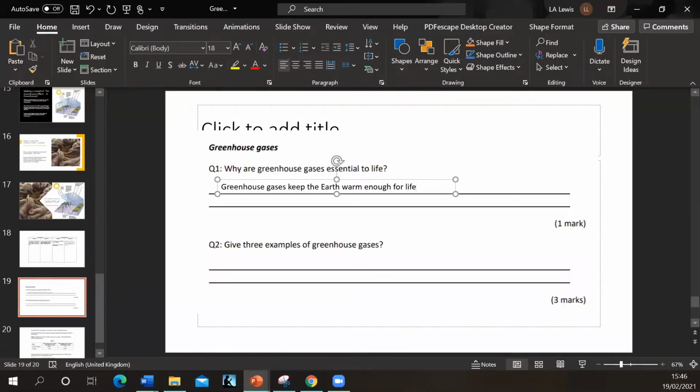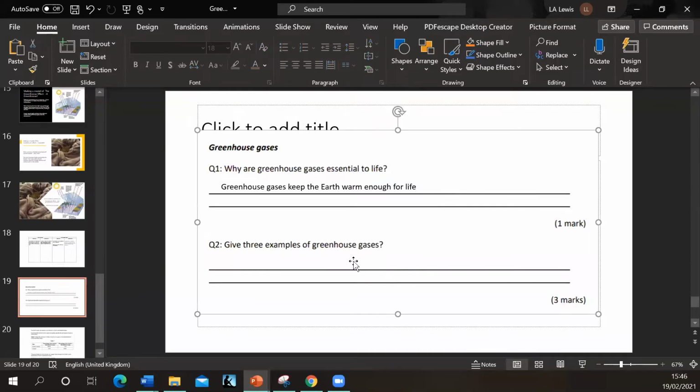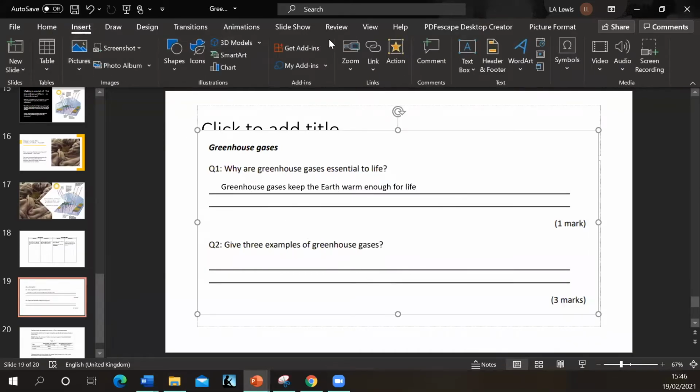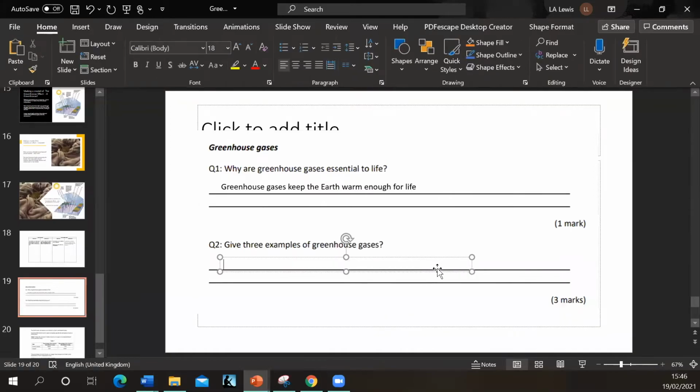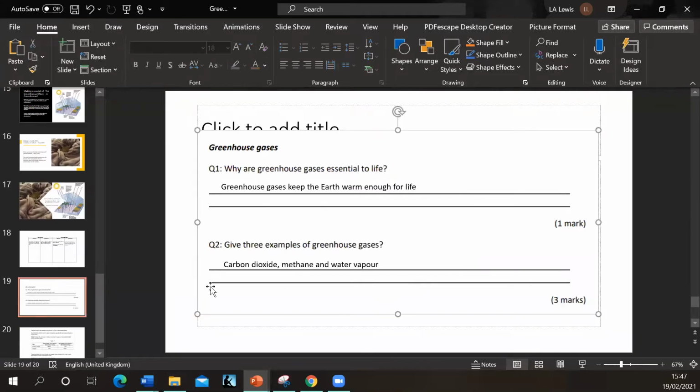And then this one, what a good question this would be to get in an exam, just naming greenhouse gases: carbon dioxide, methane, and water vapor. Water vapor, what people forget, but water vapor does act as a greenhouse gas.